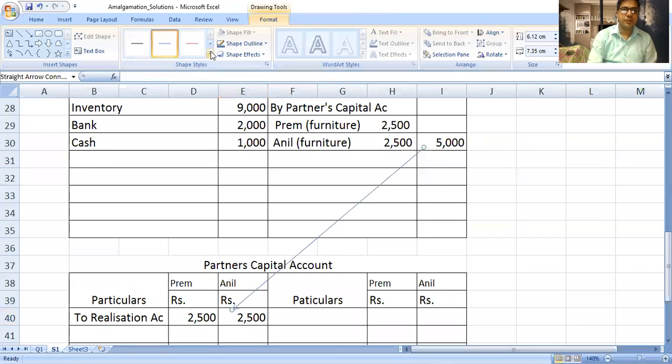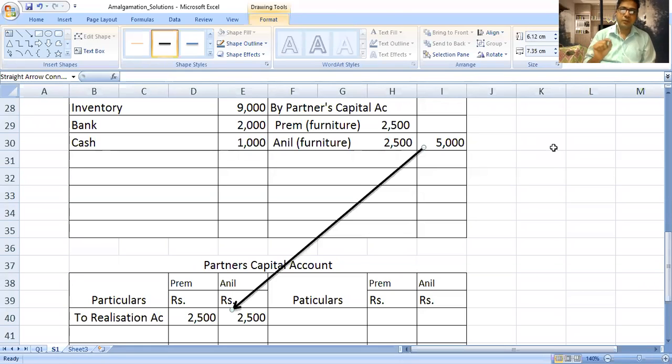These things you have to keep in mind, how we will show this furniture value. It is not taken over by the new firm, therefore we have to assume that it is taken over by the old partners Prem and Anil, as per their profit sharing ratio.